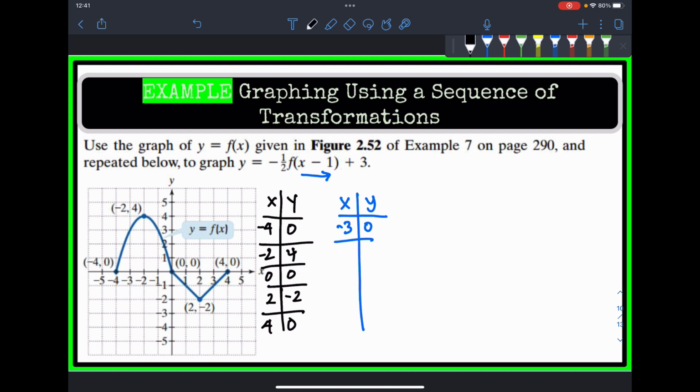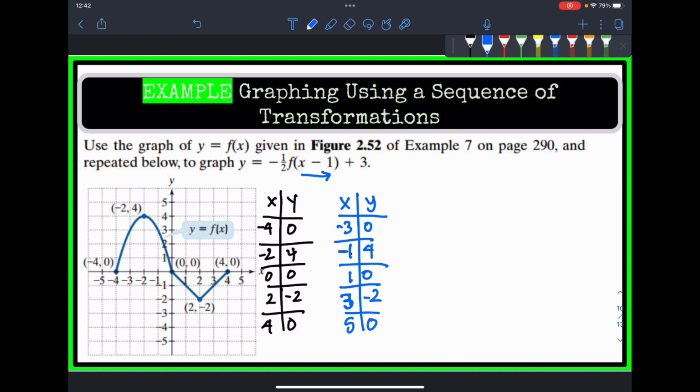I'm sorry, I meant to say negative 3, 0 for the first one. 0, 0 shifted 1 unit to the right is at 1, 0. 2, negative 2 is going to be at, I'm sorry, 3, negative 2. And 4, 0, 1 unit to the right would be now at 5, 0.